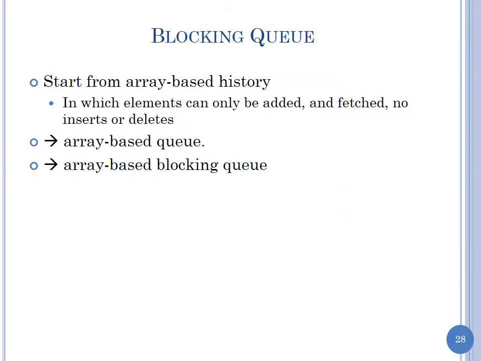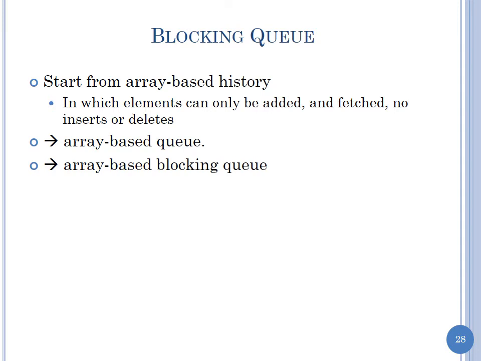One way to figure out how this blocking queue should be implemented is to assume the data structure view of queues and then go from there to a blocking queue. I'm going to take even simpler steps. In CS1, I've taught arrays in the context of a history.